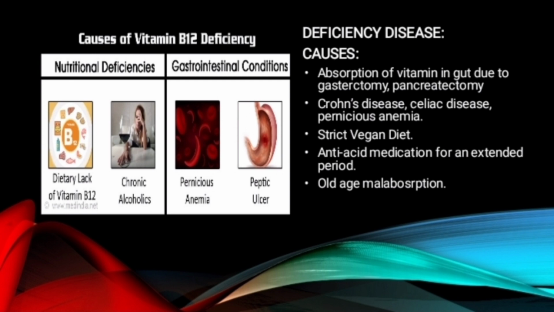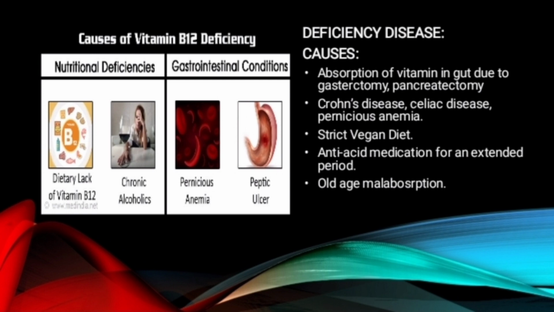Drugs decreasing HCl production, for example proton pump inhibitors and other antacids, can also decrease the absorption of vitamin B12.